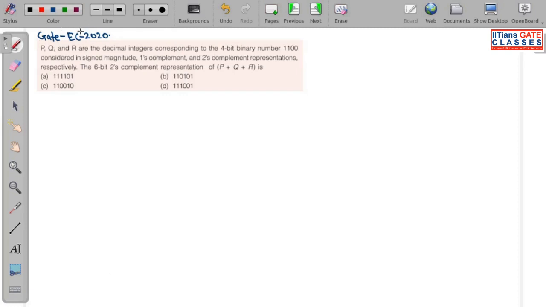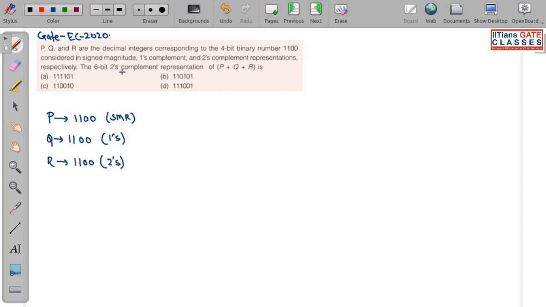So this is another question they have asked in GATE EC 2020. Let us see what this question is. Here it is said P, Q and R are the decimal integers corresponding to 4-bit binary numbers 1100. Consider P in sign magnitude representation, Q in 1's complement representation, and R in 2's complement representation respectively.